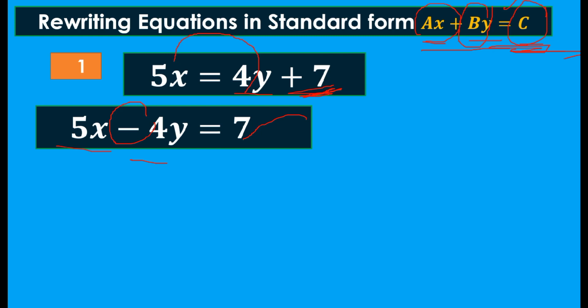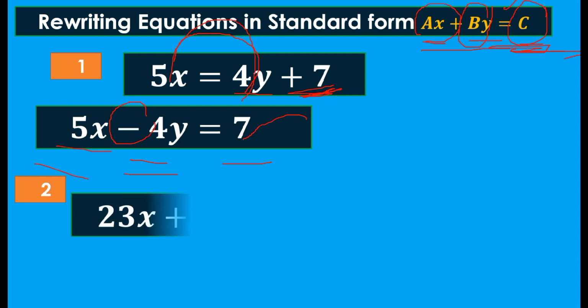So what is the standard form now? We have your 5x minus 4y equals 7. Why did it become minus? Because you transferred your 4y to the left. And in transferring, you need to change the sign.